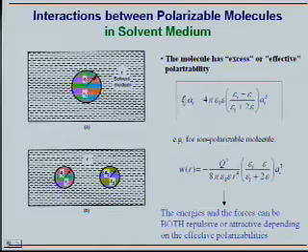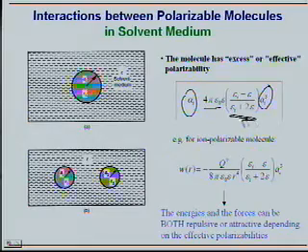The polarizability in this case is going to depend on 4 times pi, electronic polarizability, size of the molecule to the 3rd power. But then you have this new component here, which gives us the difference between the dielectric permittivity of the particle or molecule and the dielectric permittivity of the medium.